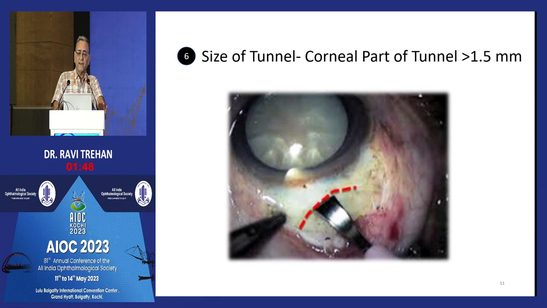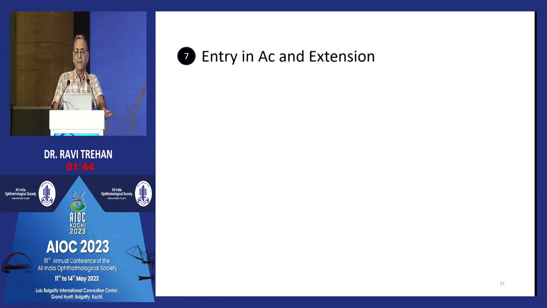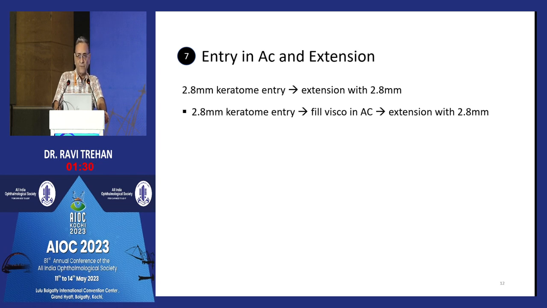About size of tunnel, the corneal part of the tunnel should be more than 1.5 millimeter. One more important point, entry in anterior chamber and extension. I have different options. Number one, 2.8 millimeter keratome entry, then extension with the same. Here, I filled the visco in the AC and then extended. Here, the difference is extension with 5.5 millimeter.